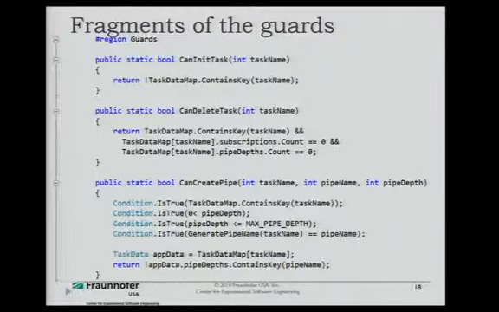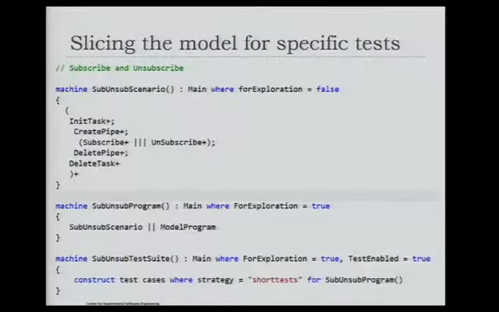Okay. All right. Once you put together a model, the state space is infinite, as I said. Any integer argument, you can plug in 0, 1, 2, 3, 4, 5, an infinite number of test cases, right? So you create so-called slices to restrict the state space. In this case, for example, I'm interested only in testing whether subscribe and unsubscribe work correctly. So I define a very specialized slice.